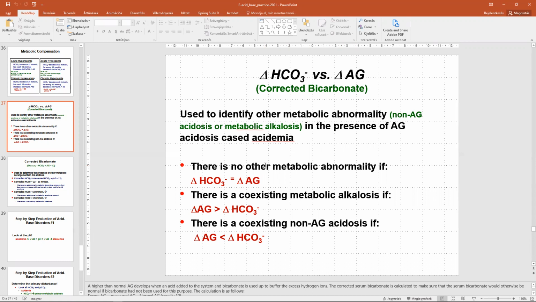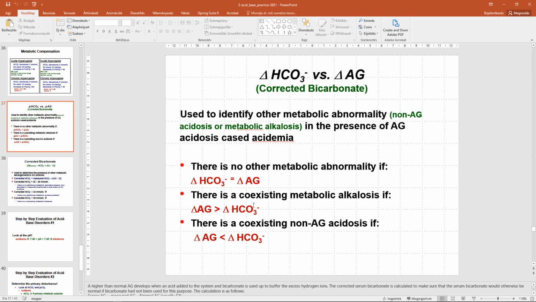However, if you have a bigger change of the anion gap than of bicarbonate, what does it mean? You have much more acid accumulation than the decrease of bicarbonate, so we have more bicarbonate than we should.